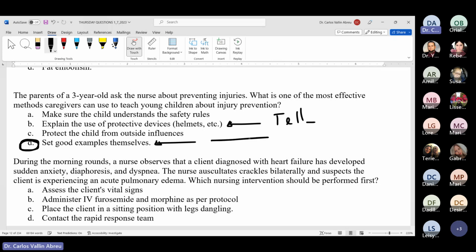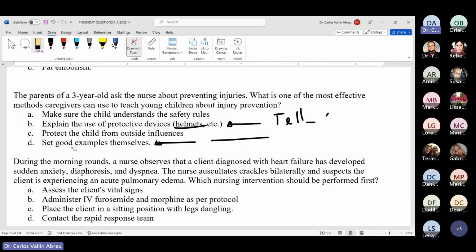If you are wearing the helmet, if you are not smoking, if you are not drinking, if you are behaving in a safe way, they will imitate you.